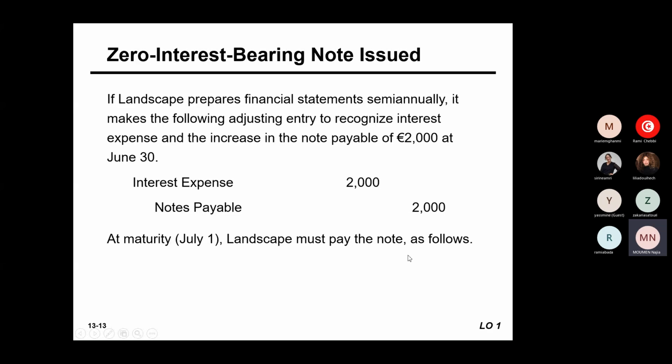Then at maturity date I will debit notes payable for the entire amount and credit cash for that amount. So those are the 2 examples of zero interest bearing notes and interest bearing notes.